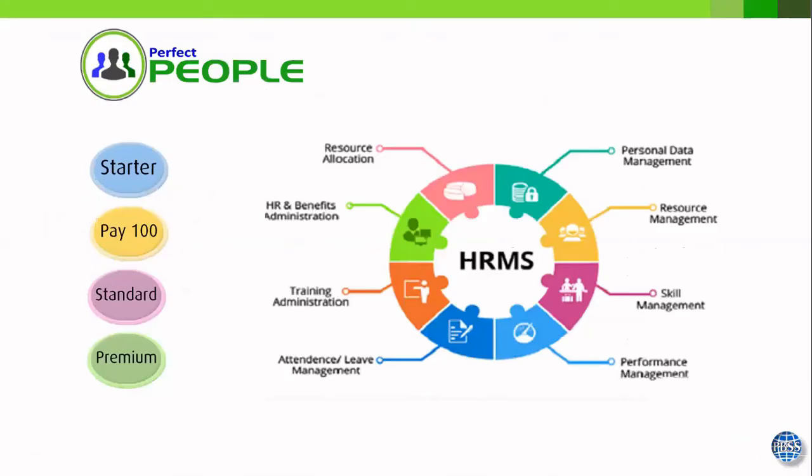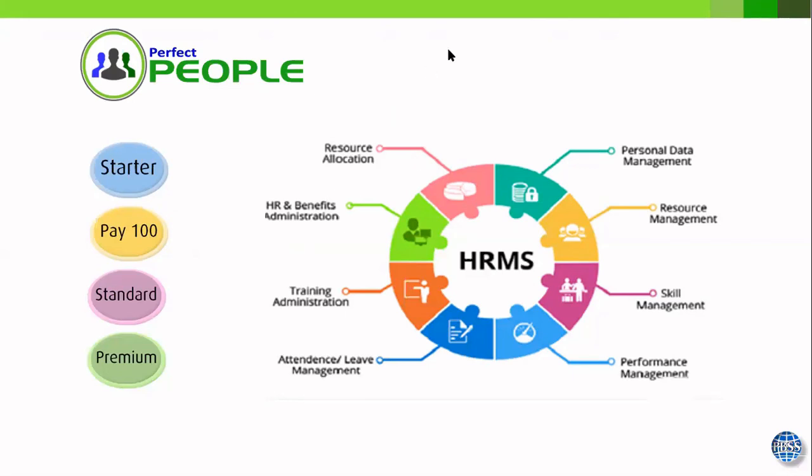As I explained, whether you are a small, medium or enterprise customer, we have solutions to take you from traditional HR to digital. We have four layers in our product range.